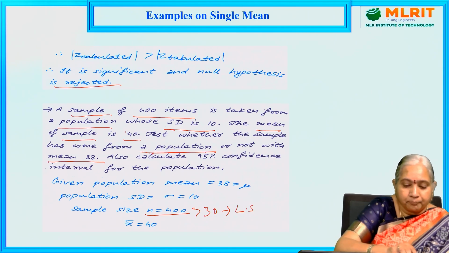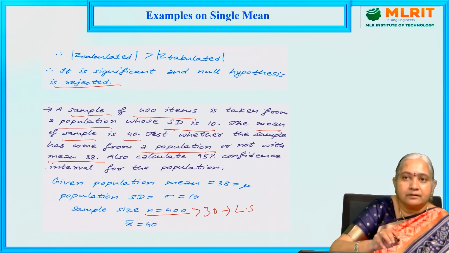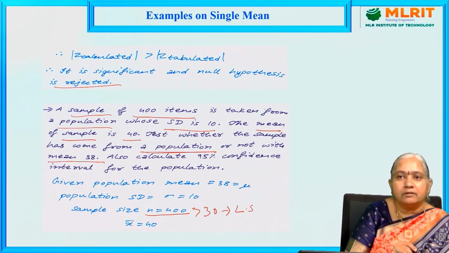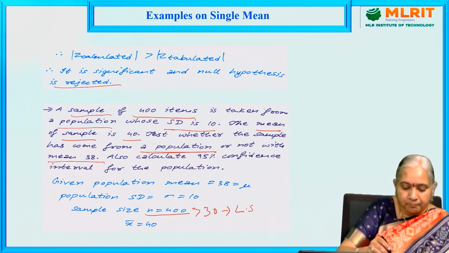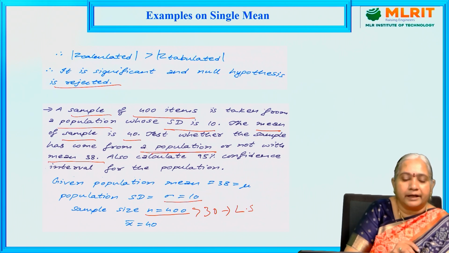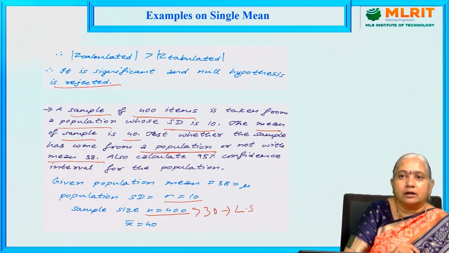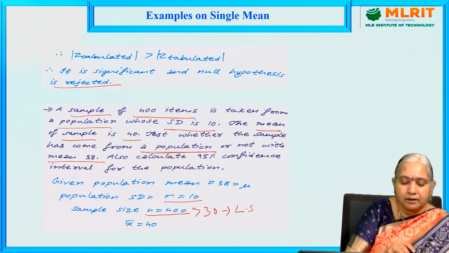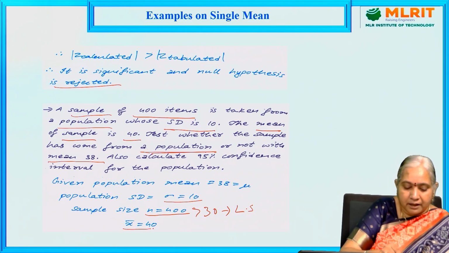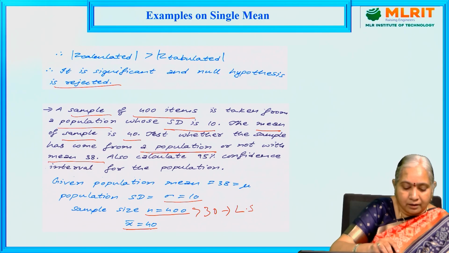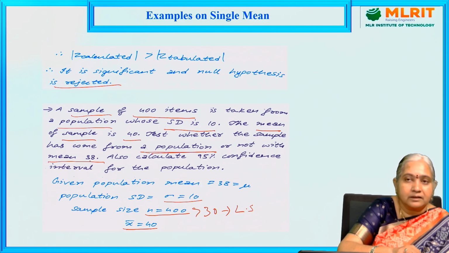Next, the population standard deviation is 10. Population standard deviation is denoted by sigma, which is equal to 10. And the mean of the sample is 40. Mean of the sample is denoted by x bar, so x bar equals 40. Next, the population mean is also claimed to be 38.